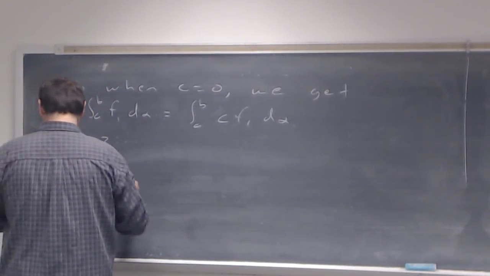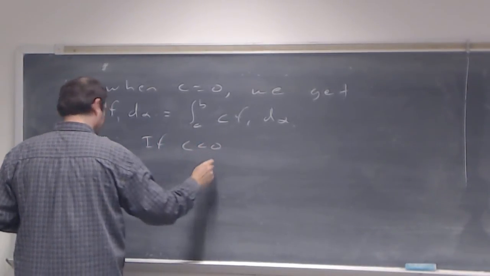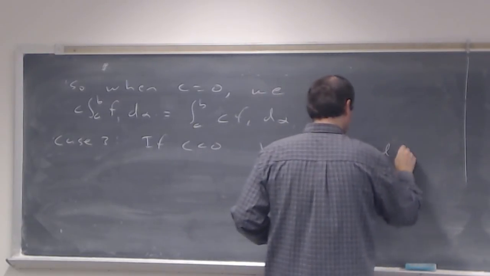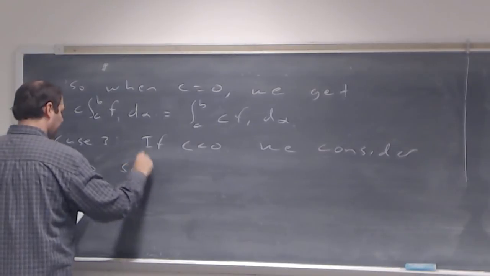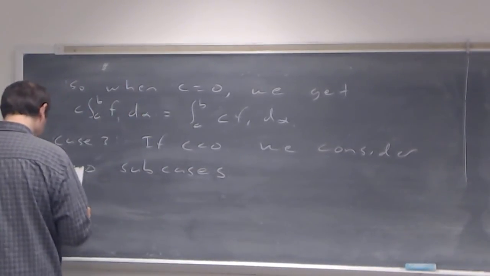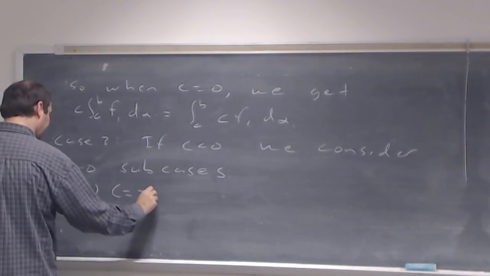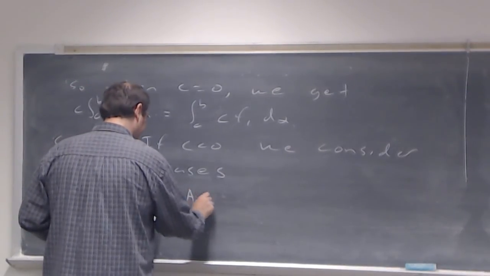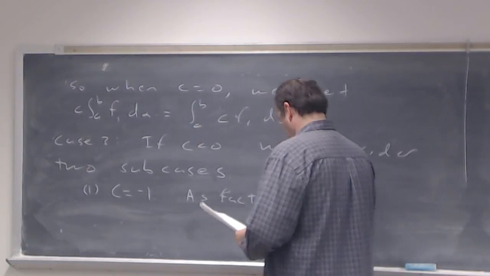Now for case 3, if c is less than 0, we will consider two subcases. One, if c is equal to -1. So as facts, let me write this down. These are things that are true.